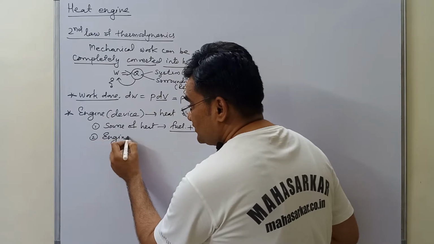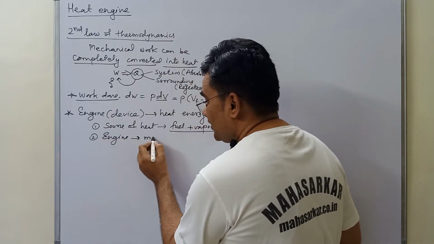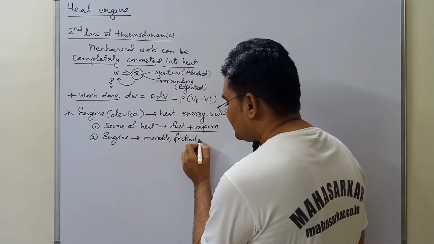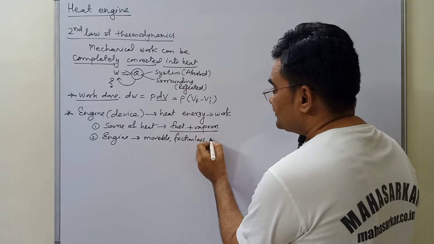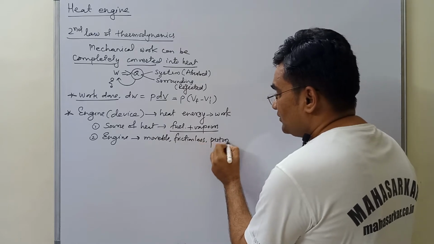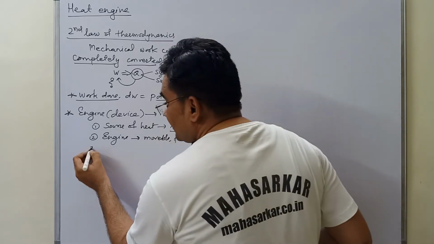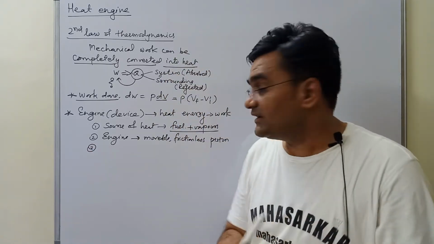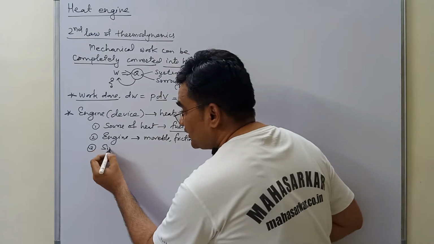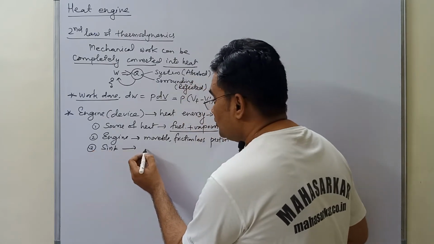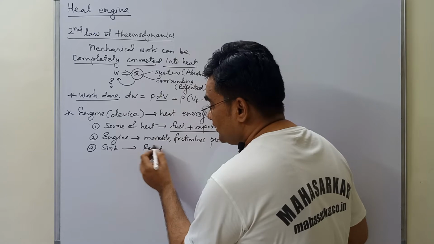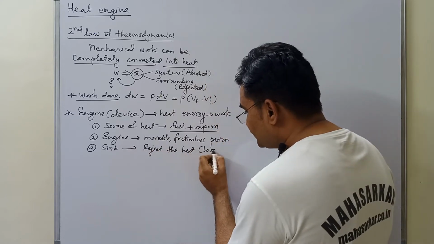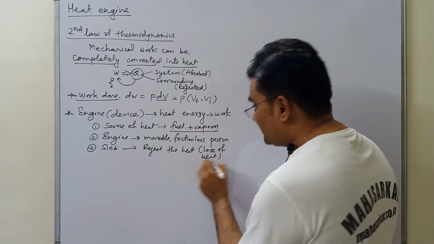Now, this engine consists of a movable, frictionless piston. Okay. And finally, there is the third term which is used to reject the heat. I will call that term the sink. It is used to reject the heat. Here rejection of heat is the loss of heat that we are going to keep in mind.